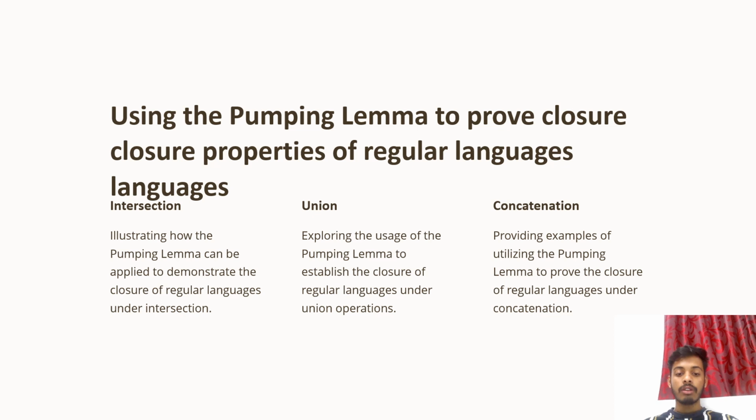Exploring the usage of the pumping lemma to establish the closure of regular languages under union operations. Third one, providing examples of utilizing the pumping lemma to prove the closure of regular languages under concatenation.